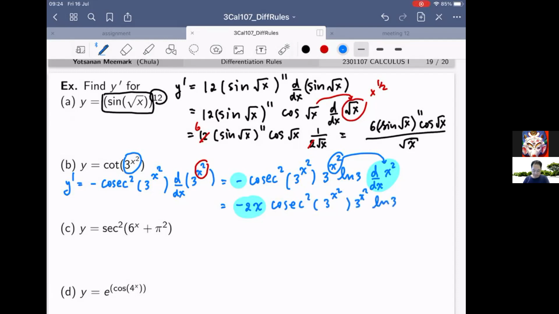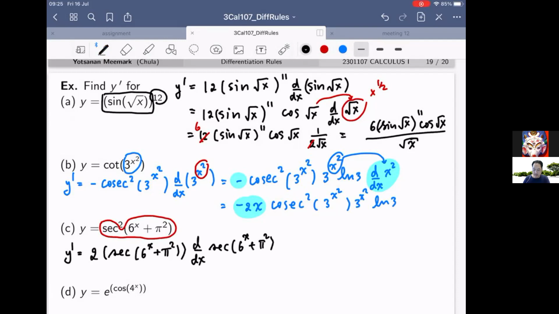Now, look at this one. A major one is a secant squared. So a derivative becomes what? Kick down the 2, the secant raised to the power 1, and then a derivative of the inside, which is a derivative of a secant. You see this is another inside, but the major one is a secant.